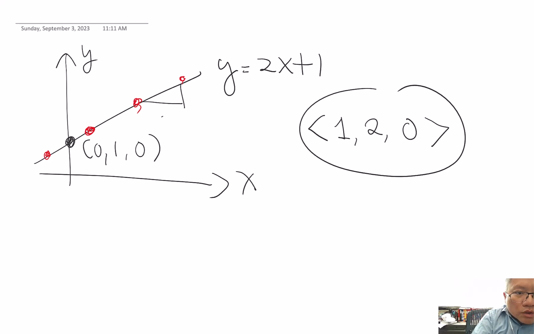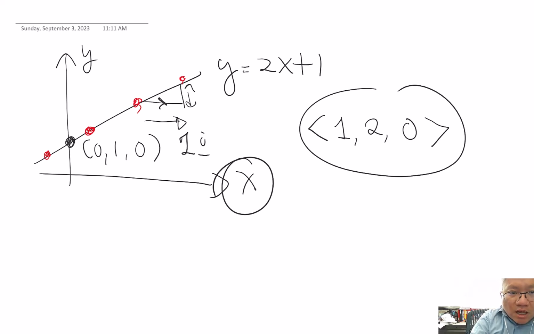We all know, if this is 1 unit, this will be 2 units. That's the concept of a slope of 2. So you can also think about moving in this direction 1 unit, that will be 1i, because you're in the direction of x, and then you move 2j, like that. So the resultant vector will be this.